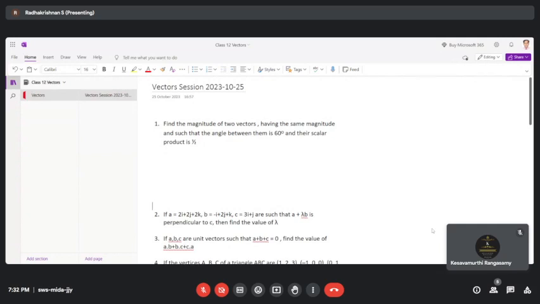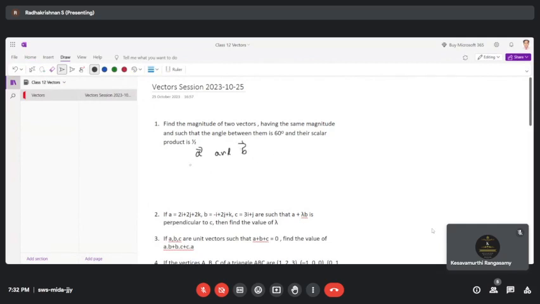So this is the first problem that we are going to do. Find the magnitude of two vectors having the same magnitude, such that the angle between them is 60° and their scalar product is half. Let's say the vectors are A and B. What is given?